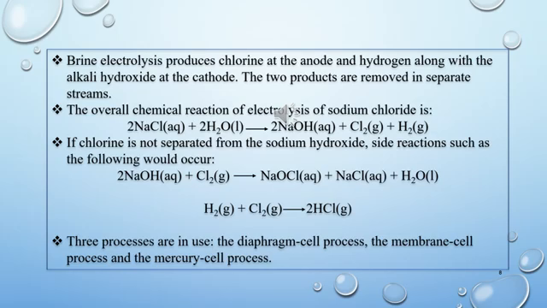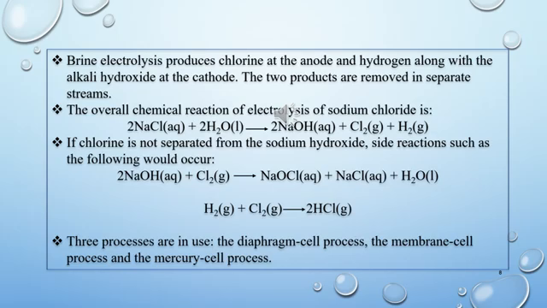At the cathode, they will be reduced and converted into sodium hydroxide, and at the anode, chloride will be oxidized and converted into chlorine molecule.